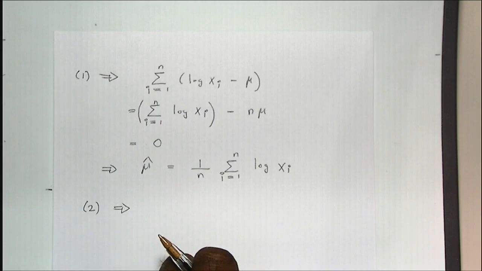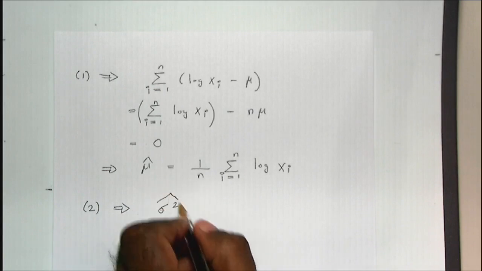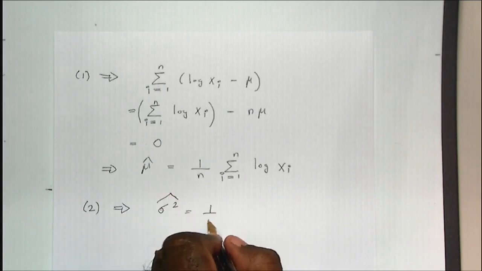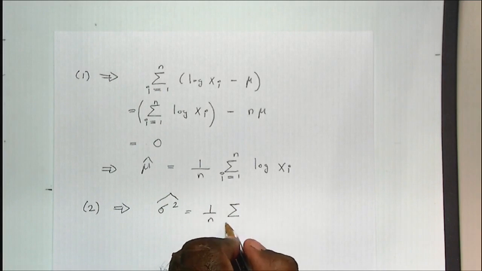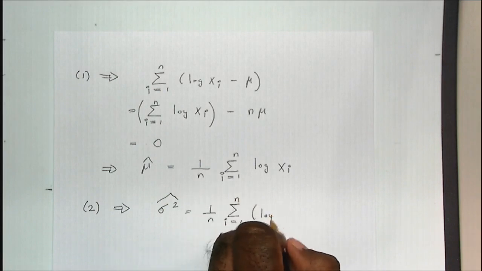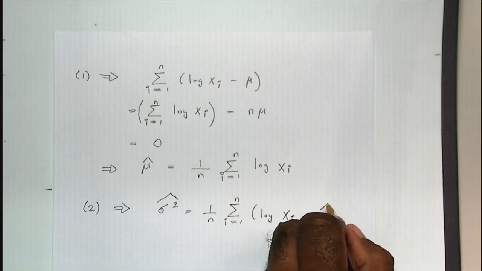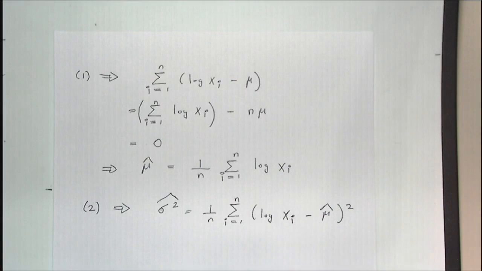Now, from equation 2, if you look at equation 2, guys, you will see that the sigma squared hat, right, is equal to 1 over n... okay. And I'm going to replace mu hat by this thing here.